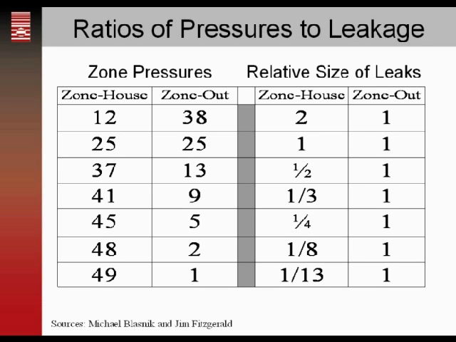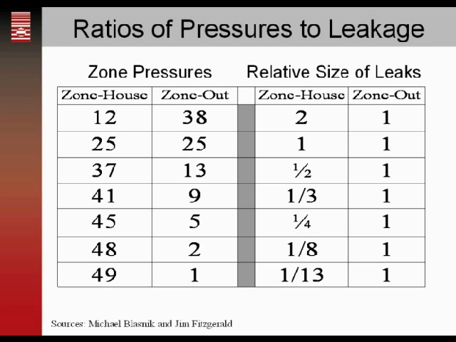Let's start with the 25 number, where the zone to house and zone to outside pressures are both 25. So the house is at 50. You stick a probe into an attic, you're measuring zone to house pressure, and you're getting 25 pascals. Or if you're measuring the attic pressure with reference to outside, you're getting 25 pascals. So those numbers are equal.